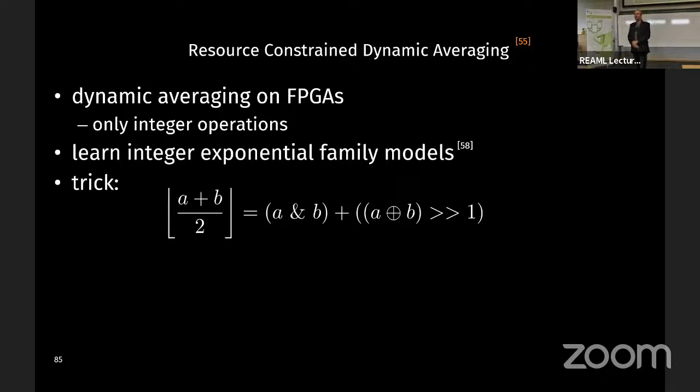What can we do if we have not processors, but just an FPGA that only can do integer operations? And what we did as an idea was we took integer exponential family models that have been developed by Nico Piatkowski and did dynamic averaging for those using only integer operations. And the main trick here is that you can compute the average with just a bit of ANDs and XORs and bit shifts.